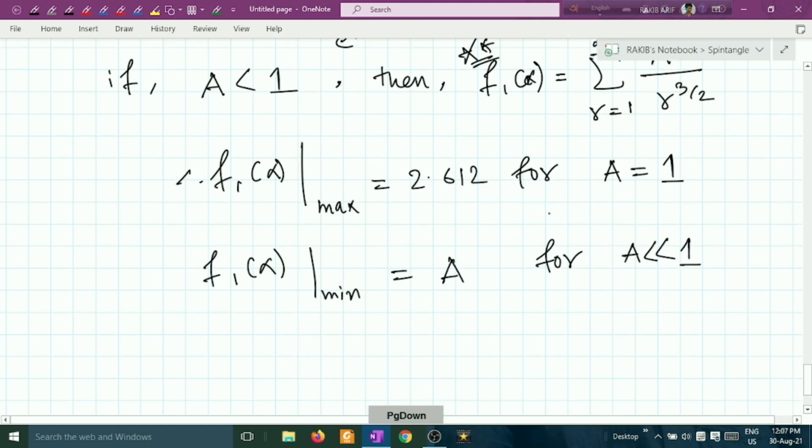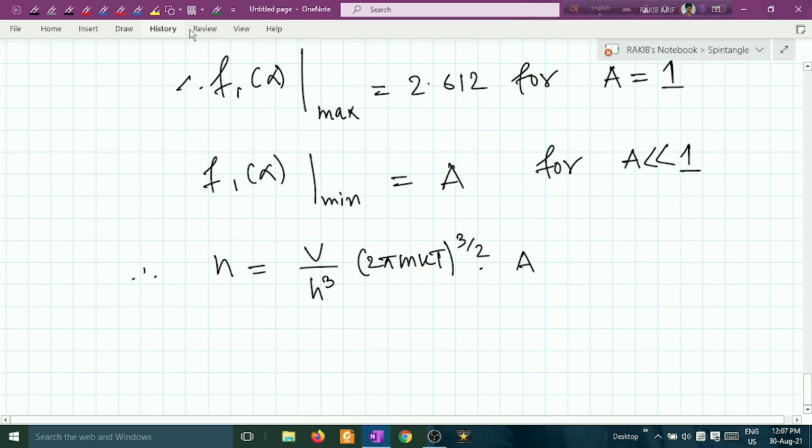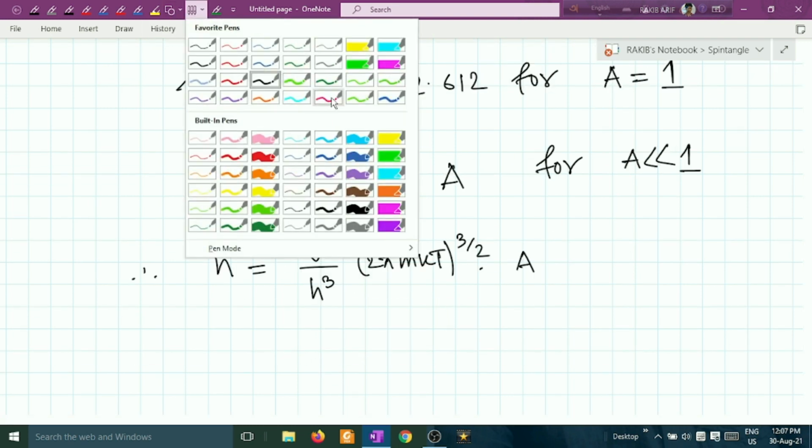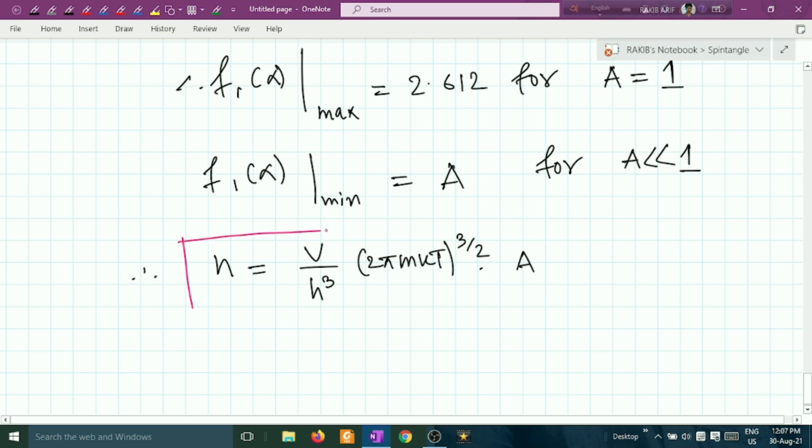In our case a is very less than 1, so from our number of particle expression, we can write, n equals to v upon h cube, here it is 2 pi mkt to the power 3 by 2 term, and here will be a. This is the total number of particles. You have to remember this thing.